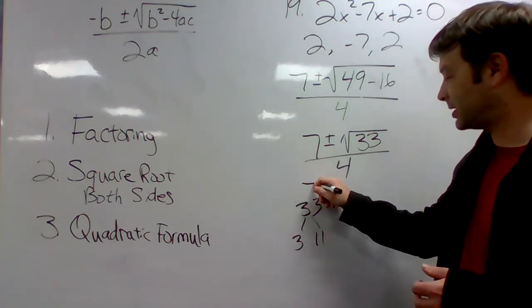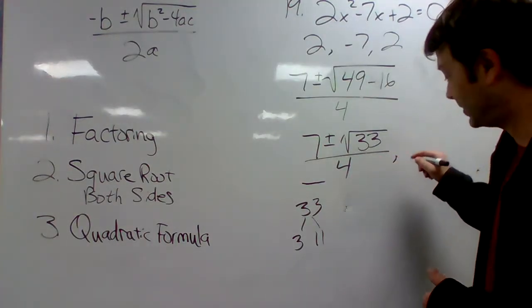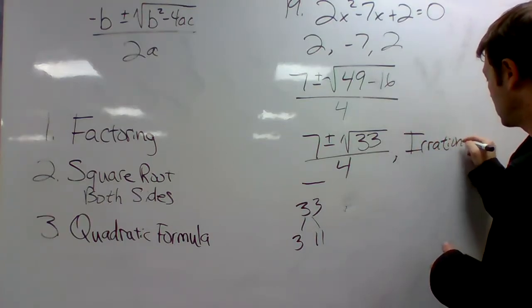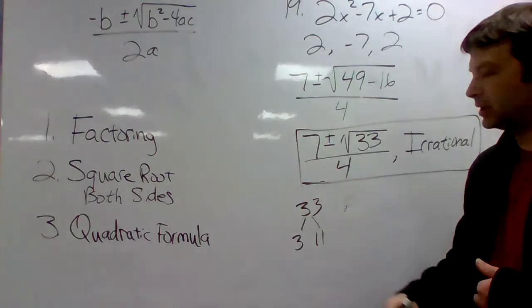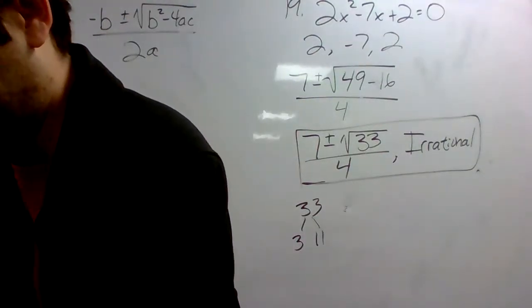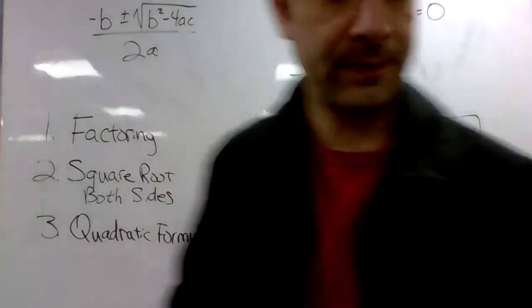That means that's all we can do. That's the answer. Remember, they also want you to say it's irrational. So I'll write that. The end. Okay, we're done with that section. Last section, I should say.